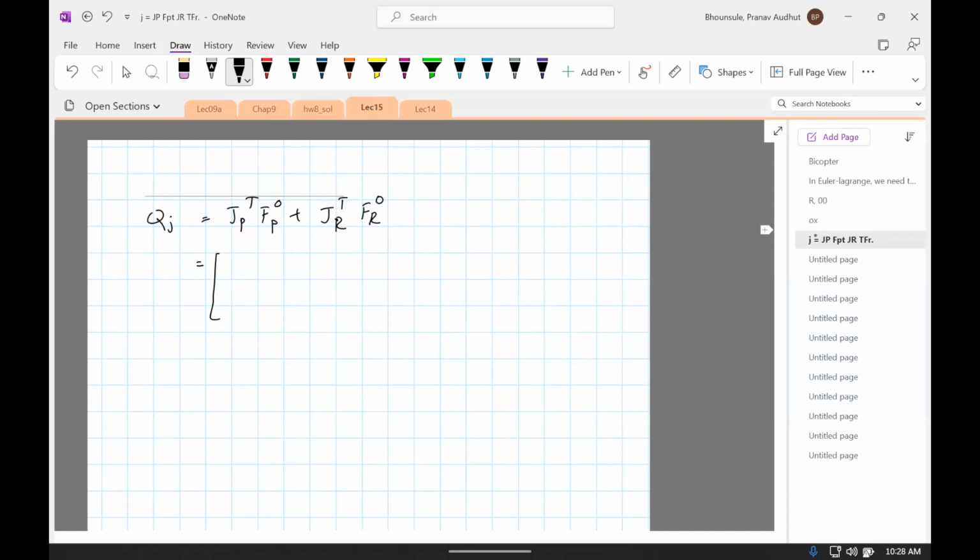We computed Jp, but Jp transpose is the transpose of Jp. So we'll write it as 0, 1, 1, 0, minus L divided by 2 sine phi, 0, 1, L divided by 2 cosine phi.